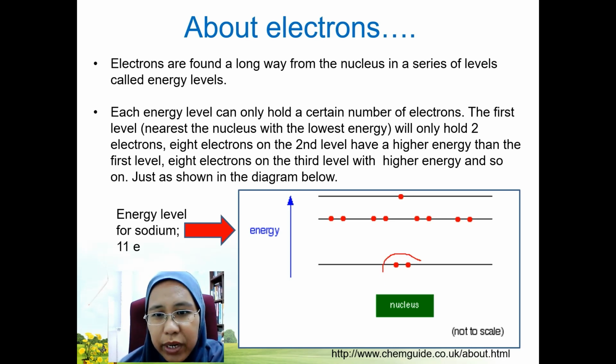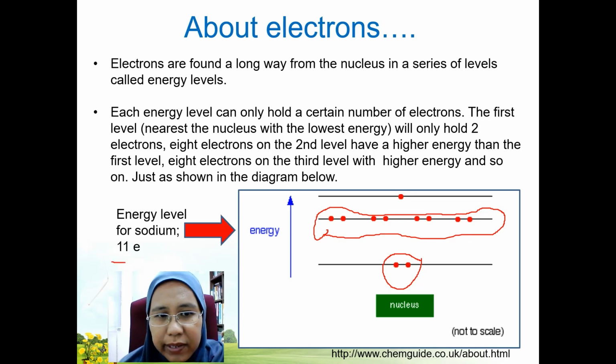This is the 2 electrons. The 8 electrons will be on the second level. This is the 8 electrons for sodium, which has 11 electrons. So the 1 electron here at the third level would be the valence electron for sodium.